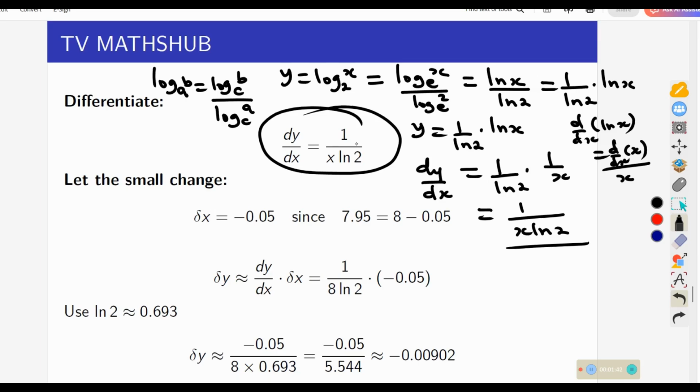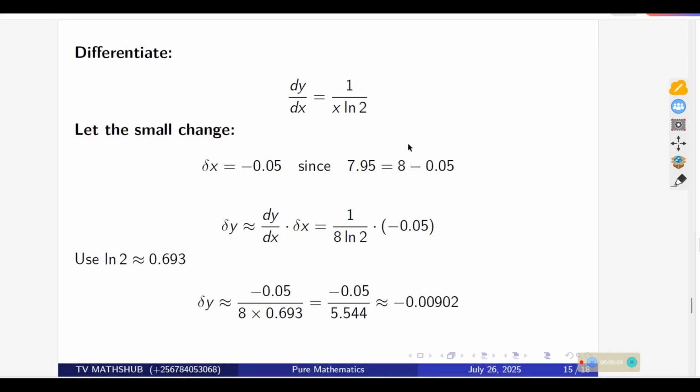We can now easily get the value of delta x, that is a small change in x. That will be obtained by looking at the difference between the value that we have, which is 8, and the value that we are given, which is 7.95. Looking at this, 7.95 can be represented as 8 minus 0.05.